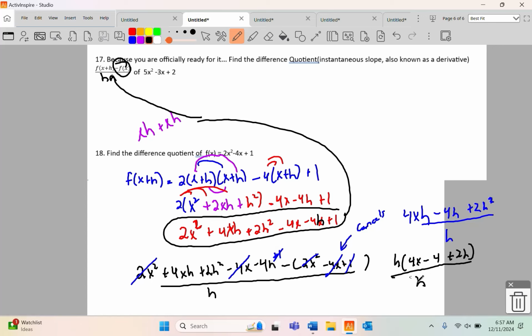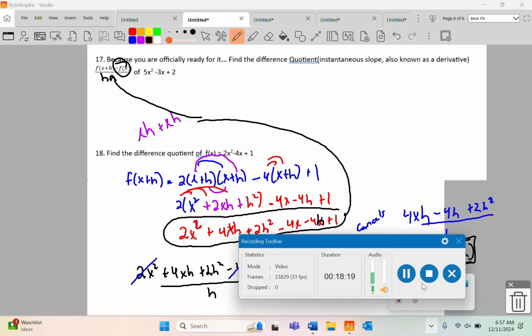And only then, after then, am I supposed to cancel. And there is the derivative of 2x squared minus 4x plus 1, better known as the instantaneous rate of change. All right, I hope you like this section better than some of the other ones.